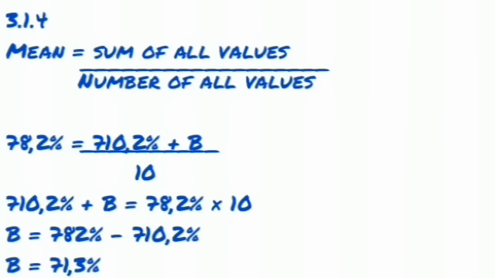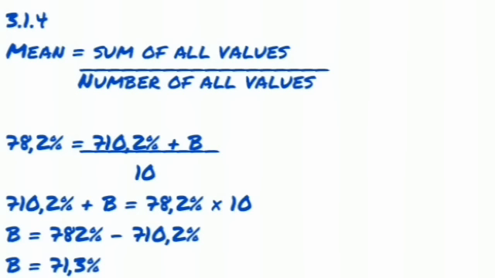The number of all values is 10 because remember I had 10 subjects, and then from there I'm going to do a cross multiplication where on one side I'm going to have 710.2 plus B, and on the other side of the equals, I'm going to take the 78.2, that is my mean, and multiply it by 10, which is the number of subjects.